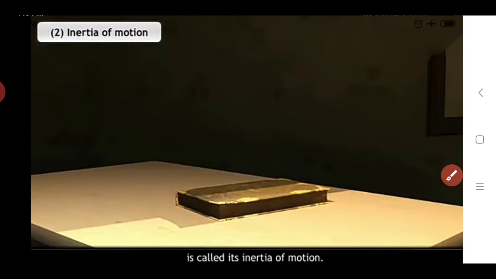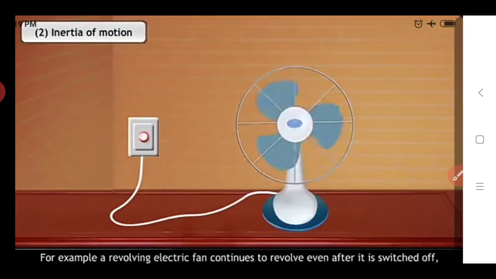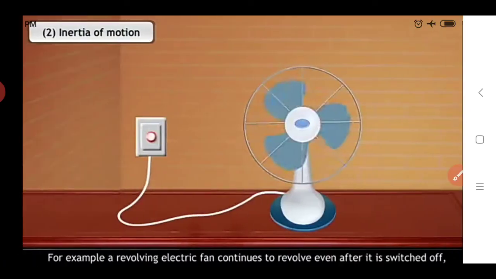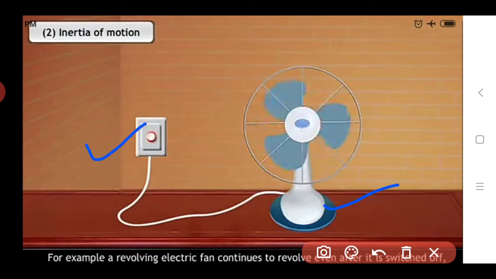So here we see an example: a revolving electric fan continues to revolve even after it is switched off. Means if we see the example of a table fan, if the switch is on, then the blades of this fan revolve in that direction.